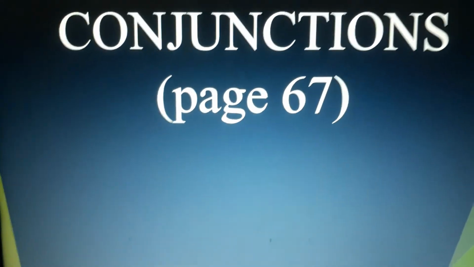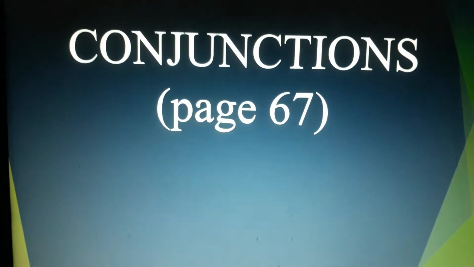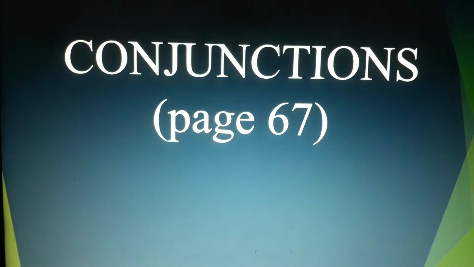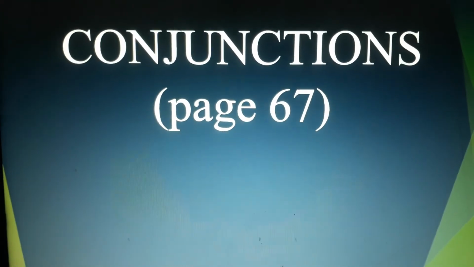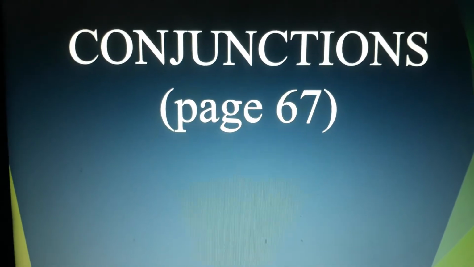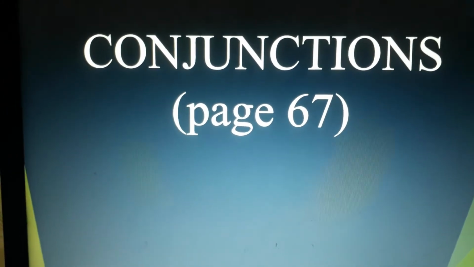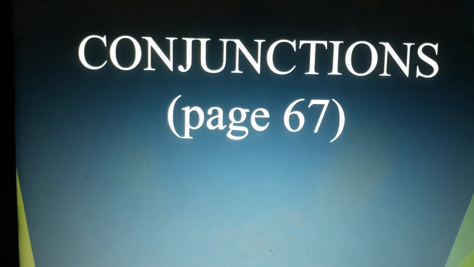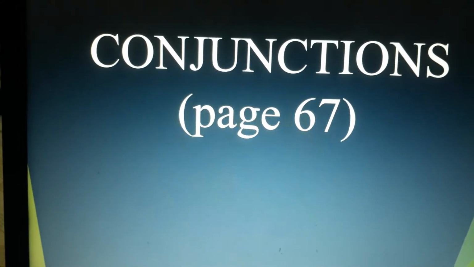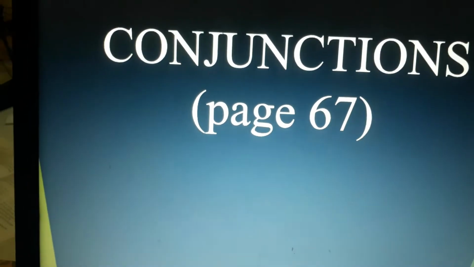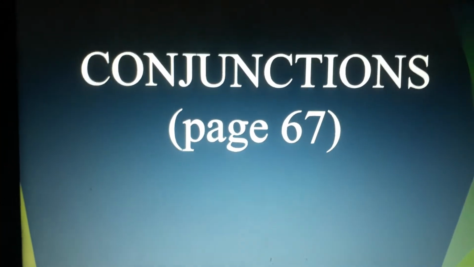Page 67. Look at your book, page 67, conjunctions. On page 67, there are 4 conjunctions that we are going to study now. The first is because, second is so, but, and although.